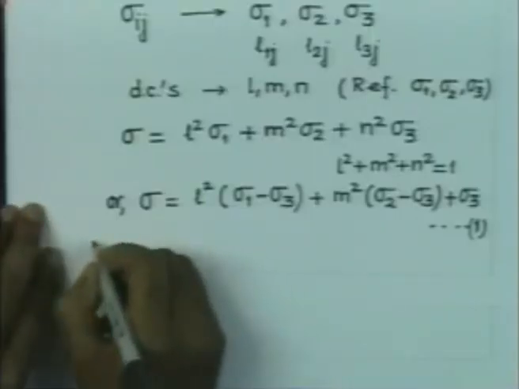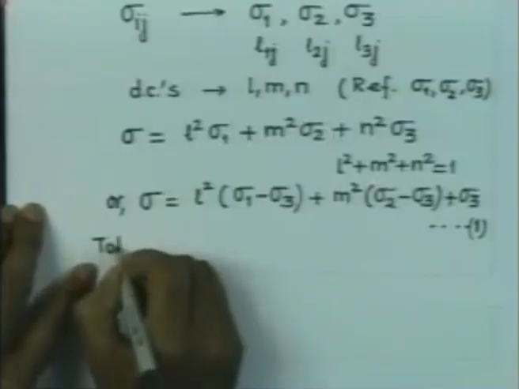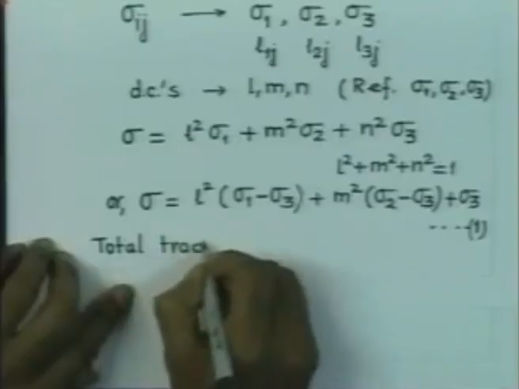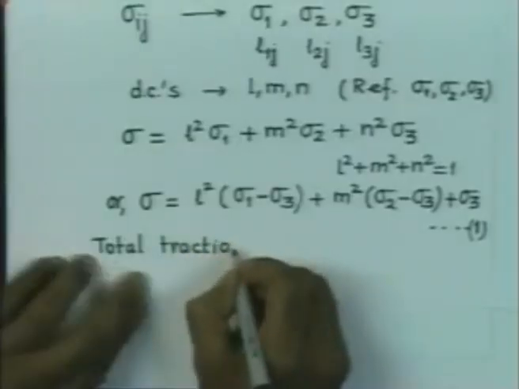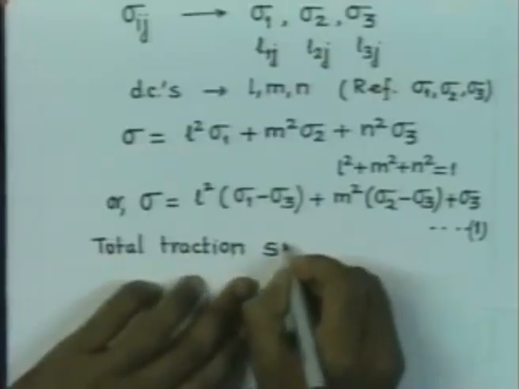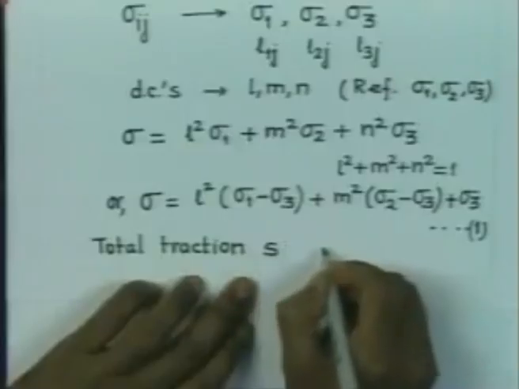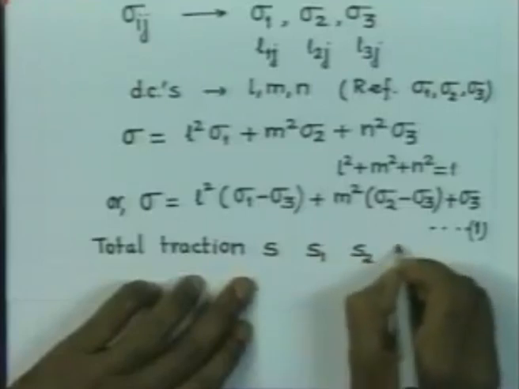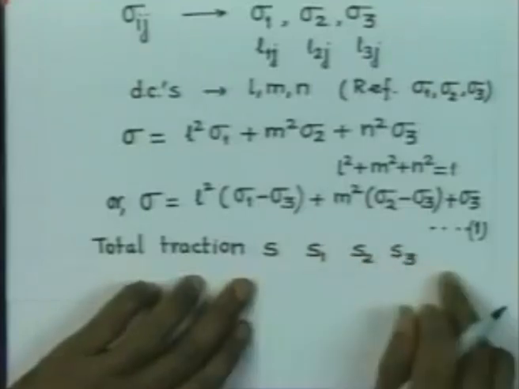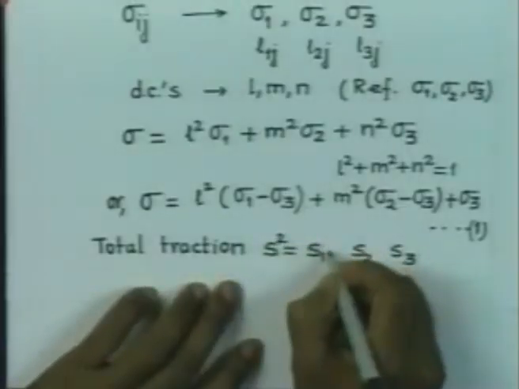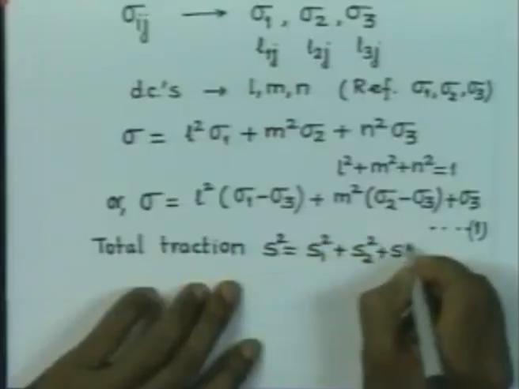So, if we now consider the total traction S, which is related to S1, S2, S3, the 3 tractions on the same plane, the relationship is S square equal to S1 square plus S2 square plus S3 square.